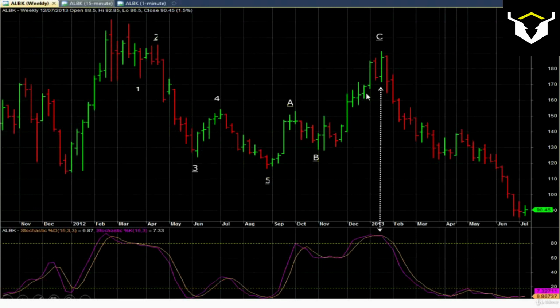by an ABC correction. As of the wave C corrective high, the oscillator has reached the overbought zone, suggesting that the upward momentum in the script has come to a halt, has come to an end. Once it comes to an end, it is followed by a downward move.